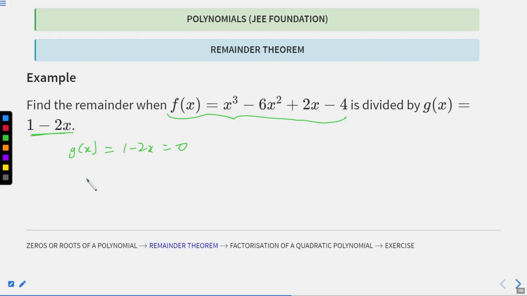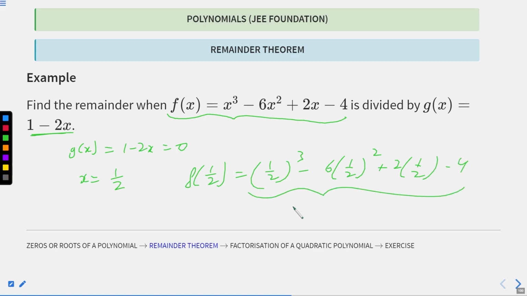Now solve for x, you will get x is equal to 1 by 2, and now just find the value of the polynomial at 1 by 2, that means f of 1 by 2. So (1 by 2) whole cube minus 6 (1 by 2) whole square plus 2 (1 by 2) minus 4. After solving, whatever number you get will be the remainder. I hope this is clear to you.